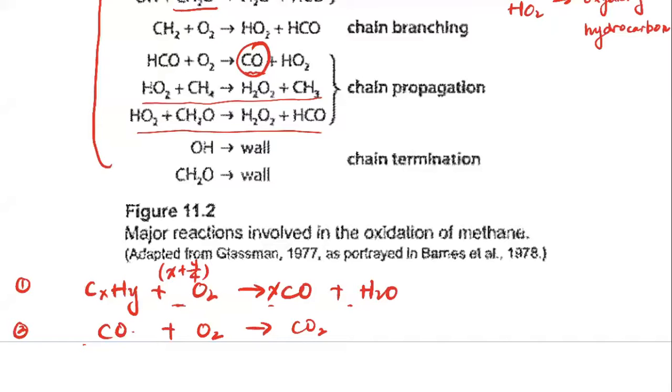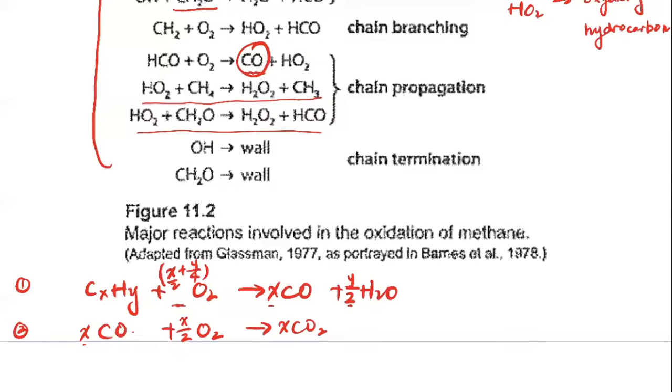Since it's forming carbon monoxide, the number here should be X divided by 2, right? So there's a 1-to-1 ratio between the carbon and the oxygen atoms. It forms X number of carbon monoxide and Y/2 number of water. And then this X number of carbon monoxide can further get oxidized by X/2 number of oxygen molecules to form X number of carbon dioxide.